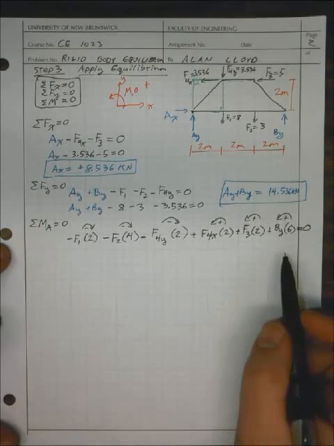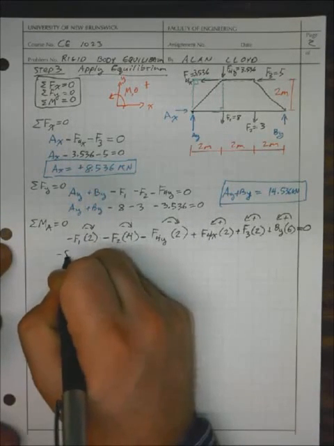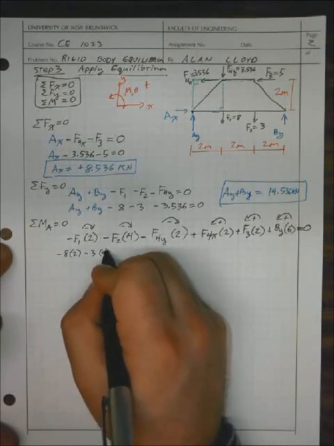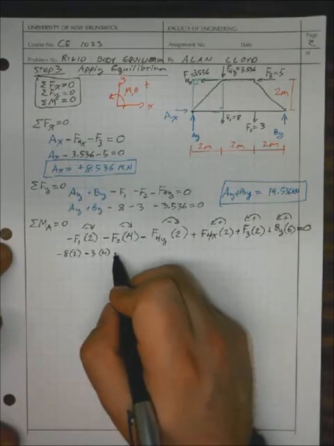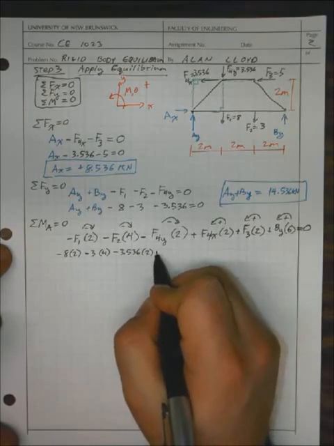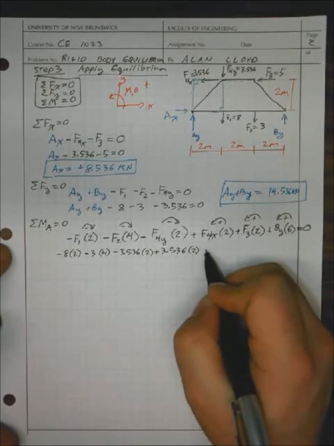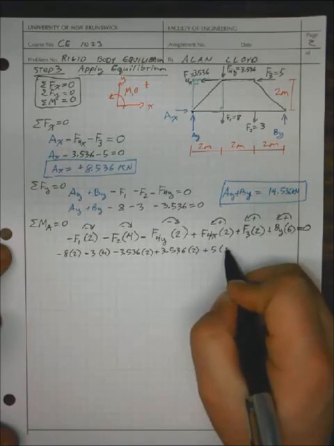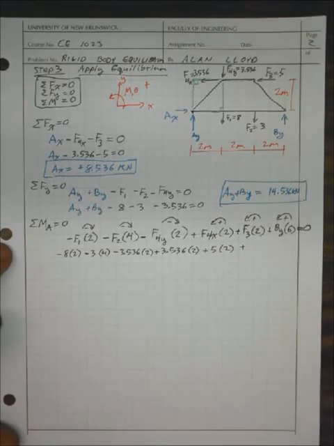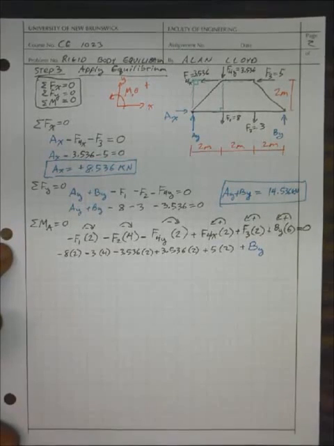Now, if we start to plug in our values into this equation, we can see that we have minus 8 times 2, minus 3 times 4, that's F2, F1 is 8, minus 3.536 times 2 plus 3.536 times 2 plus 5 times 2 plus, and I should have maybe written the By term in blue, just trying to differentiate our variables from our known values.